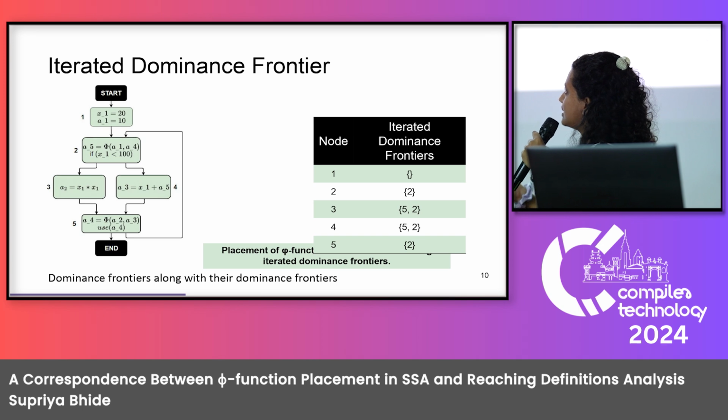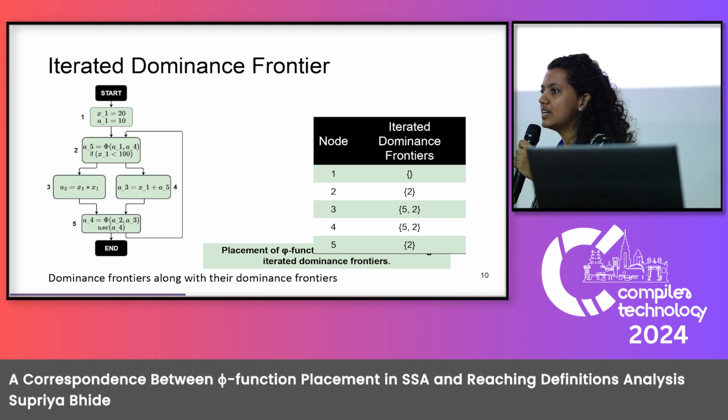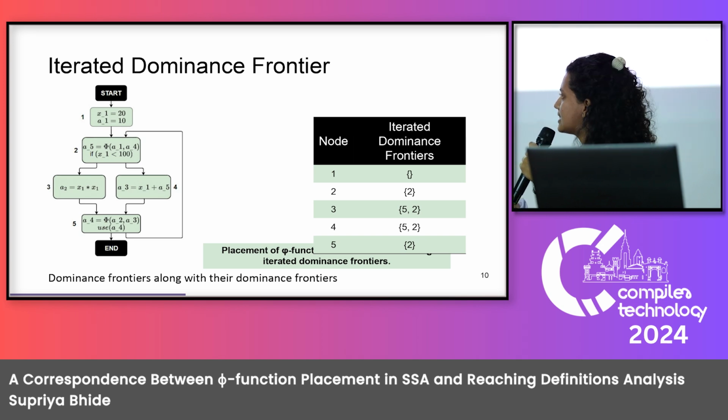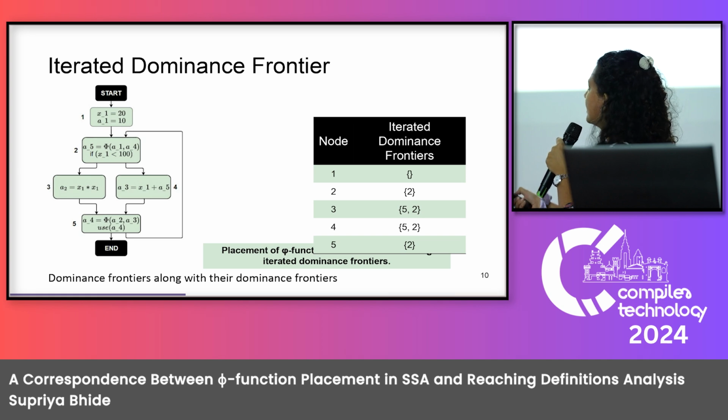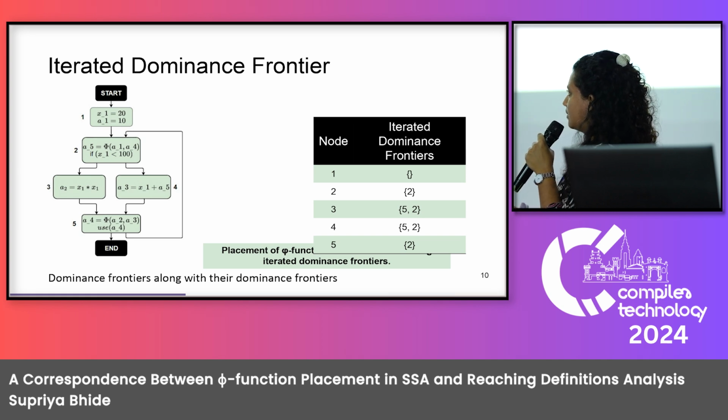And now we have the concept of iterated dominance frontier. Iterated dominance frontier is an iterated computation of dominance frontiers. So it's dominance frontiers along with their dominance frontiers. For instance, we have node 5 in the dominance frontier of node 3 and node 4. Since this was in the dominance frontier of node 3 and node 4, we placed a phi function here.